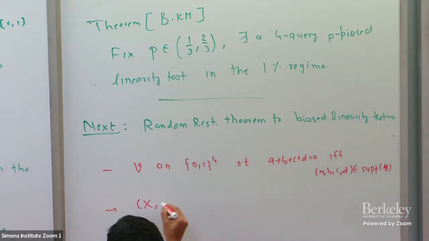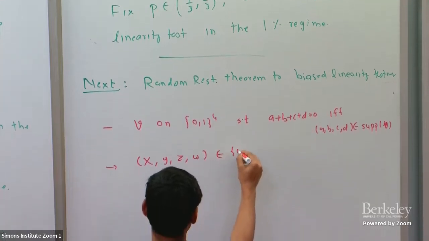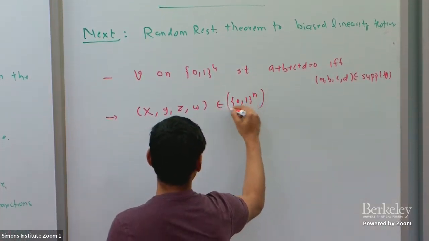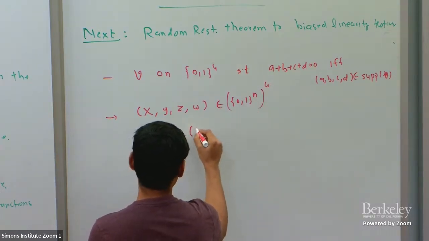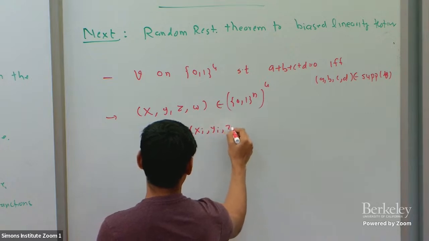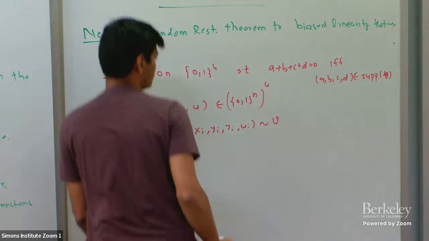And then we're going to sample x, y, z, w from {0,1}^n, the 4 queries, such that coordinate-wise, it's an independent sample from nu.